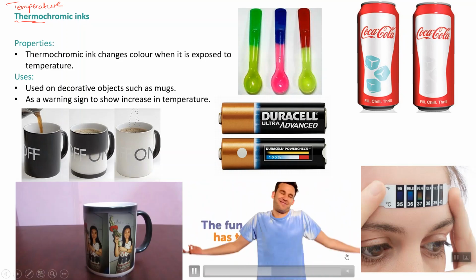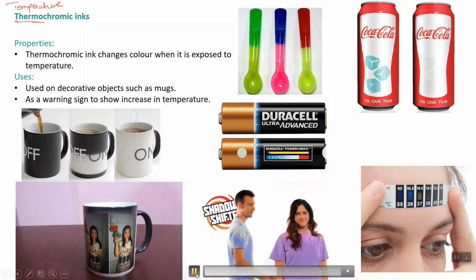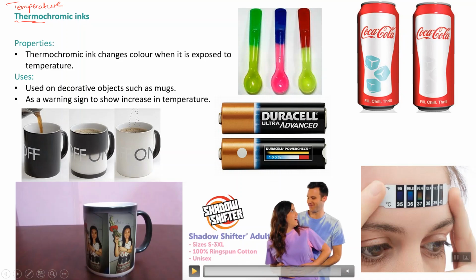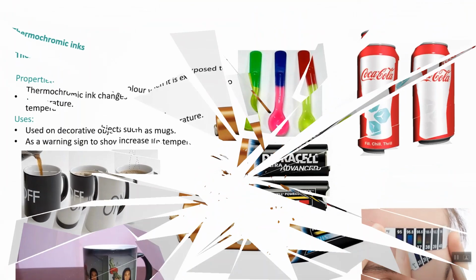So these are some examples, some uses, some applications of thermochromic material, thermochromic inks. Okay, so thermochromic ink are also in the category of smart materials.